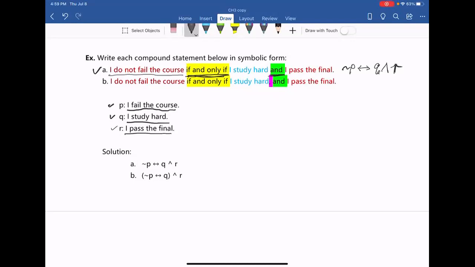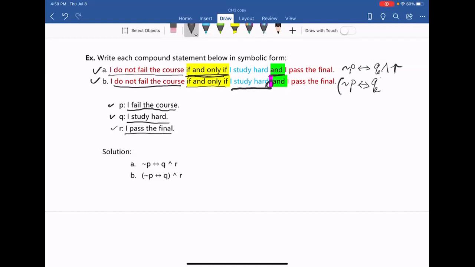The second one, I do not fail the course. This is not P, if and only if, I study hard is Q. And most important here is there is a comma. What's the meaning of comma? I mentioned that earlier. That means break down the sentence.